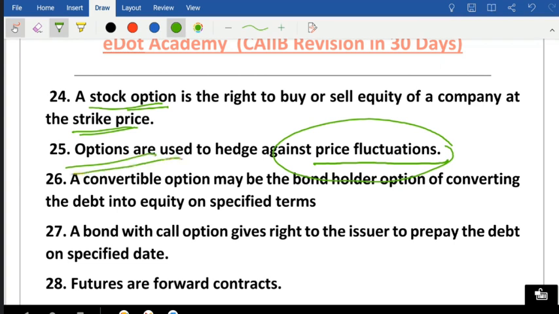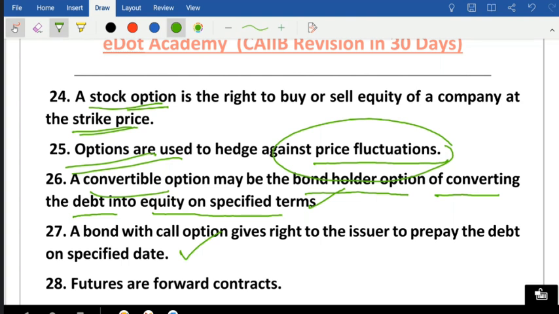A convertible option may be the bondholder's option of converting the debt into equity on specified terms, so he can convert or may not convert. A bond with a call option gives the issuer the right to prepay the debt on a specified date. That means he can call the bond and then pay the debt.